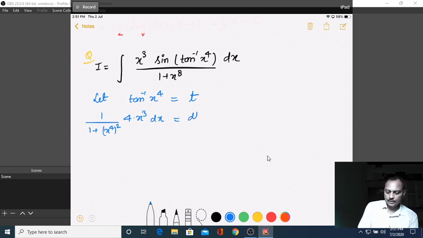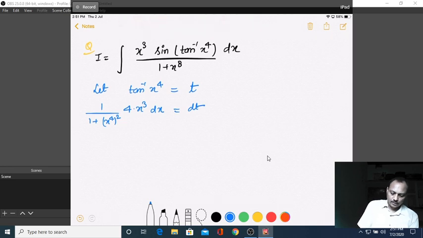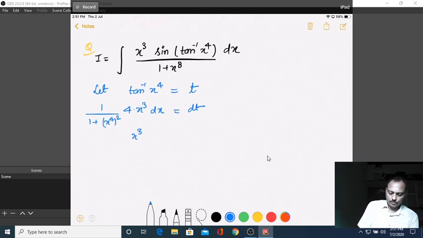And here it is dt. So, the derivative of tan inverse x raised to the power 4 is 1 upon 1 plus x raised to the power 4 square into 4 times x cube dx, that is equal to dt. So, here we can write x cube dx upon 1 plus x raised to the power 8 is equal to dt.